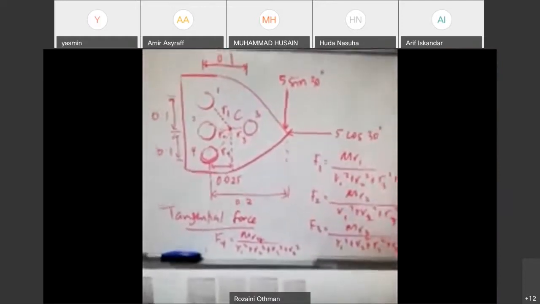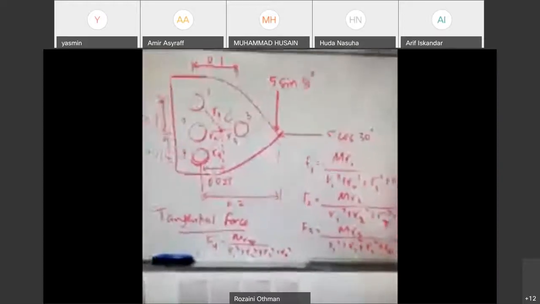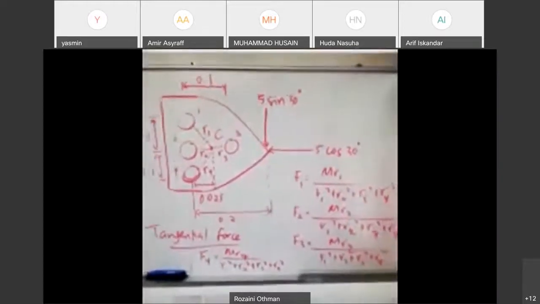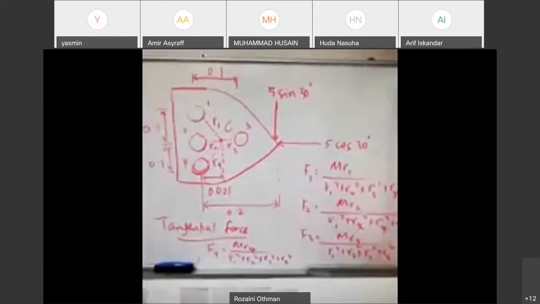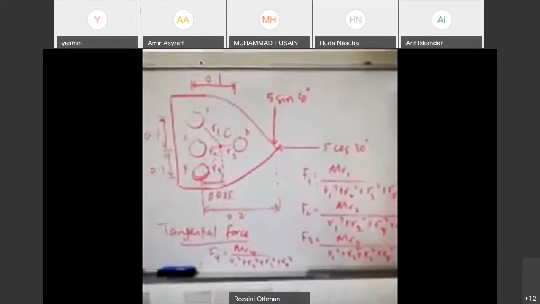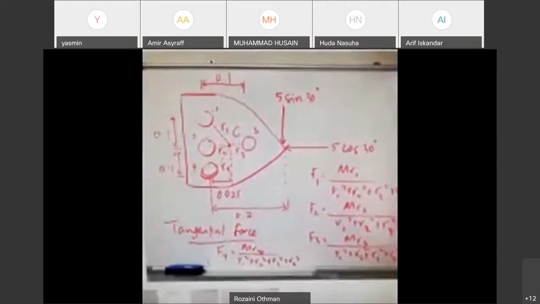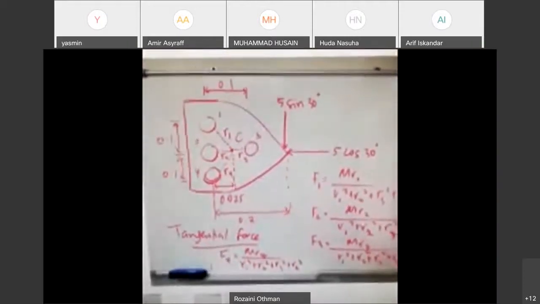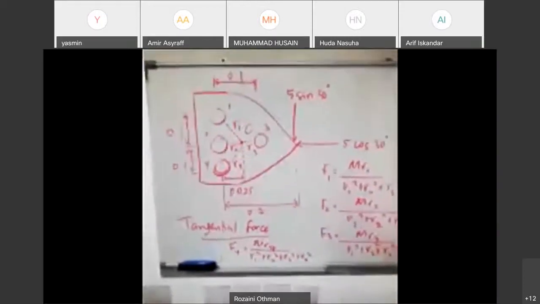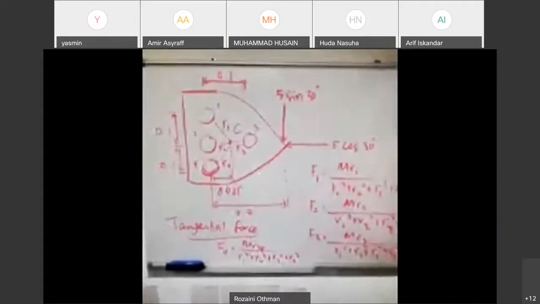Then we determine the R values, R1, R2, R3, R4, which are the distances from each rivet to the centroid. Then we determine the moment, which is force P times the perpendicular distance from the load to the centroid. Then we determine the direct shear force.